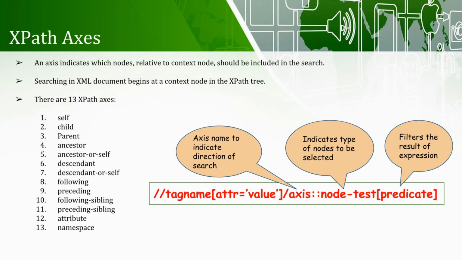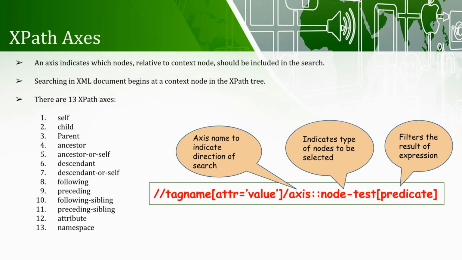Once you have decided your current node, then you have to decide which axis you have to use. So based on the direction and the relationship between the nodes, you go on deciding the axis, and then you have to mention the axis name, the self, child or parent. Then :: node test. Here it indicates what type of node you want to select. Once your current node is decided, now you have to move into a particular direction that is decided by axis.